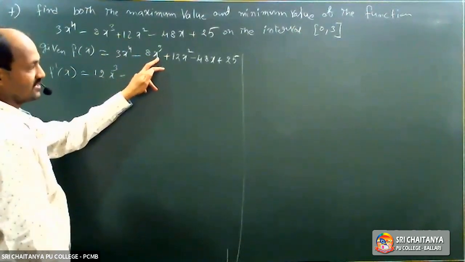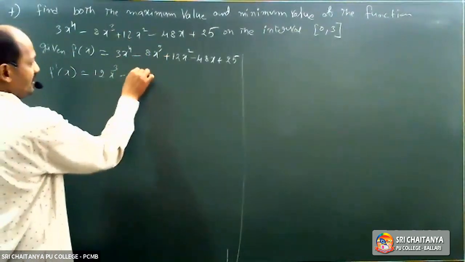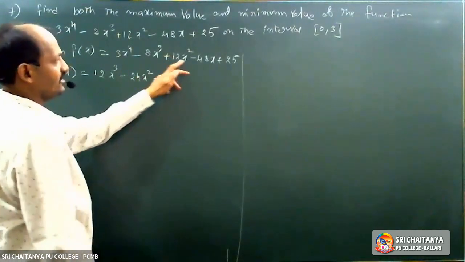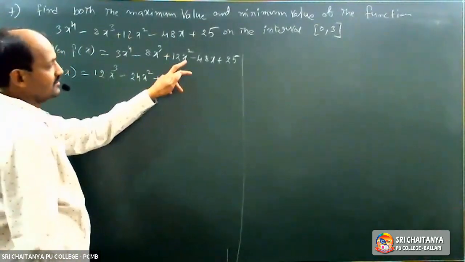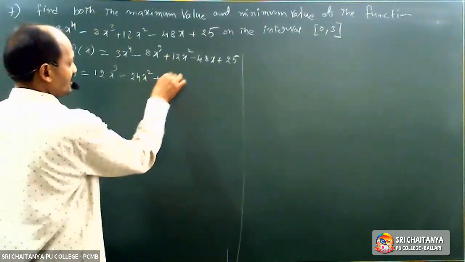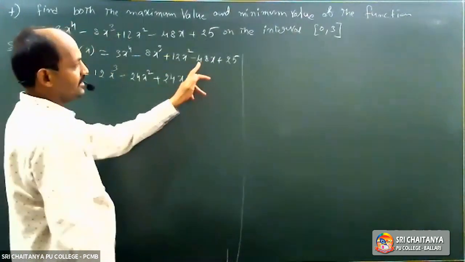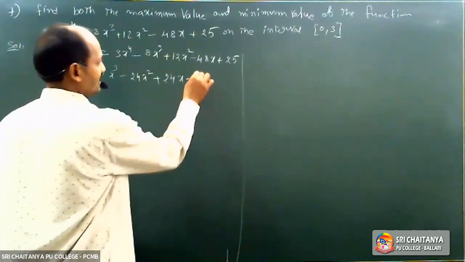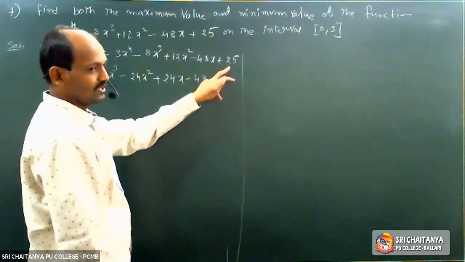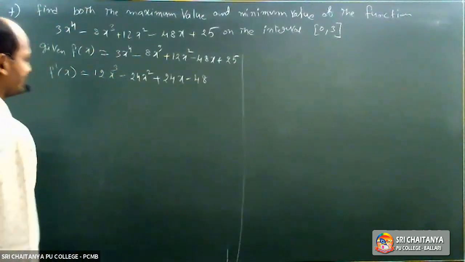Derivative of x power 3 is 3x square, so 24x square, plus 12 into derivative of x square, which is 2x. So here we get 24x, minus derivative of 48x, it is 48, plus derivative of 25. It is a constant. Derivative of a constant is 0.